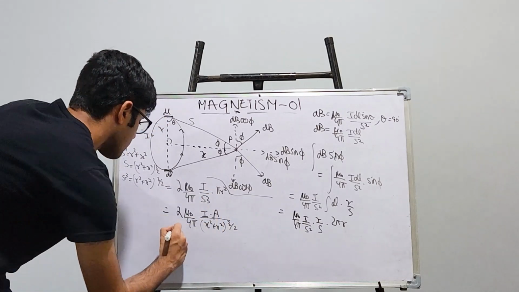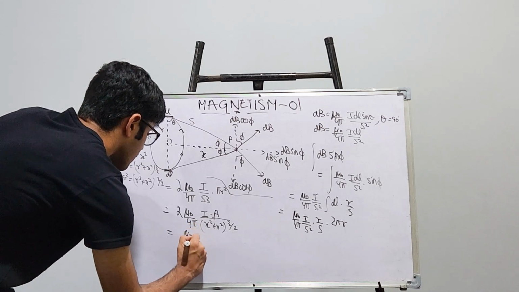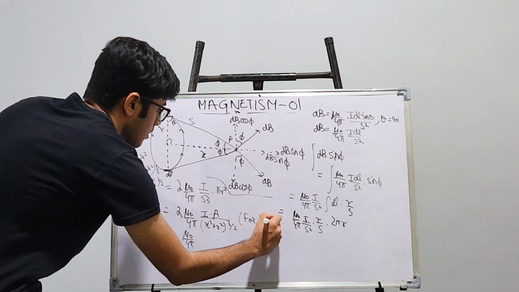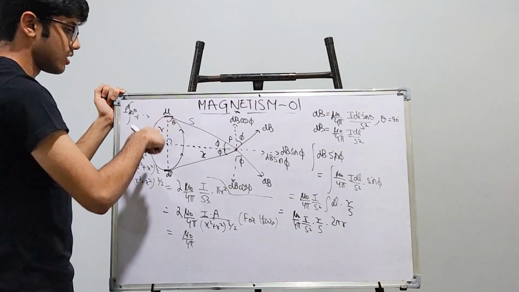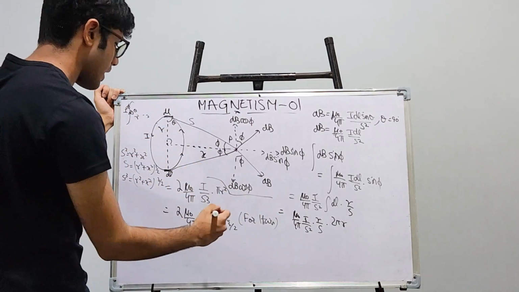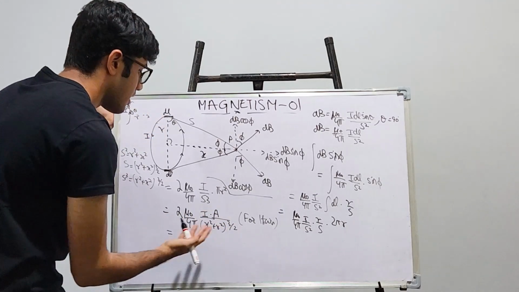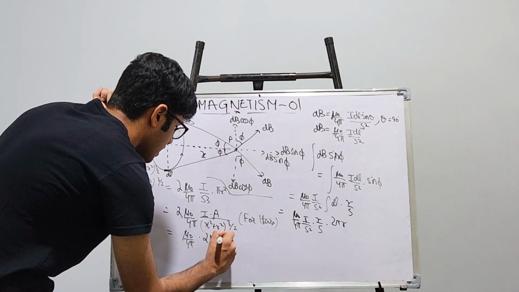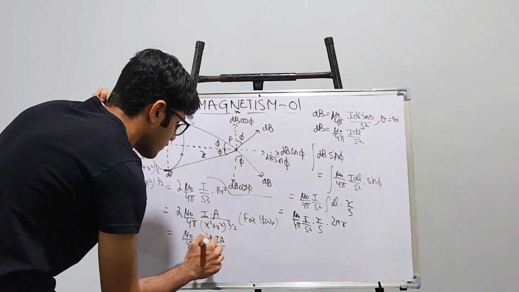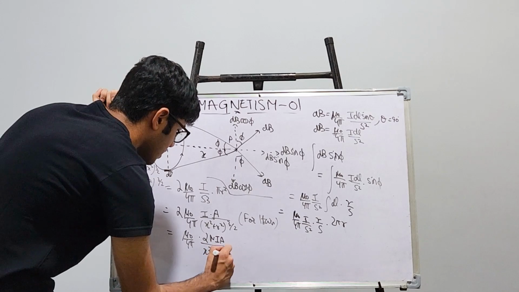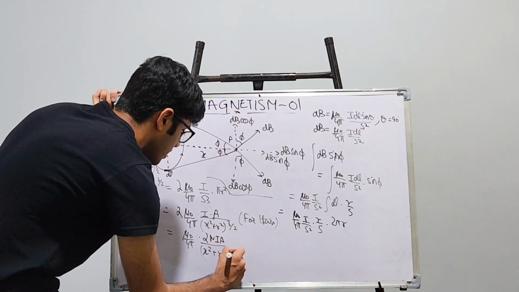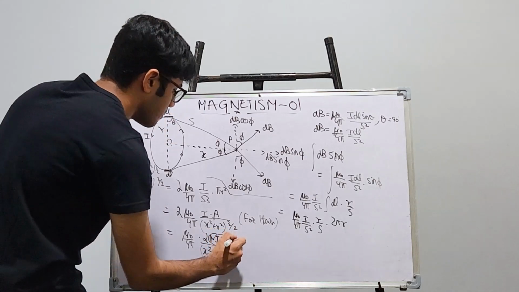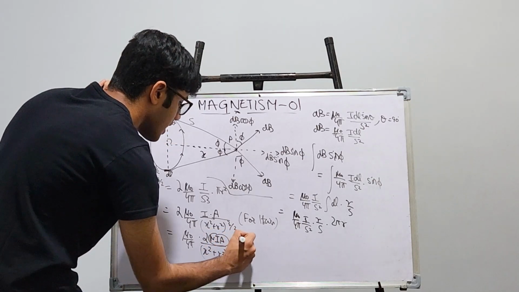Now this would be mu naught by 4 pi, and this is for one turn. For one turn of the circular loop, the magnetic field would be this. For n turns, we would just multiply it by n. So we would get 2 times NIA, where n is the number of turns, over x squared plus r squared whole to the power 3 by 2, and we call this NIA the magnetic dipole moment, which is represented by m.